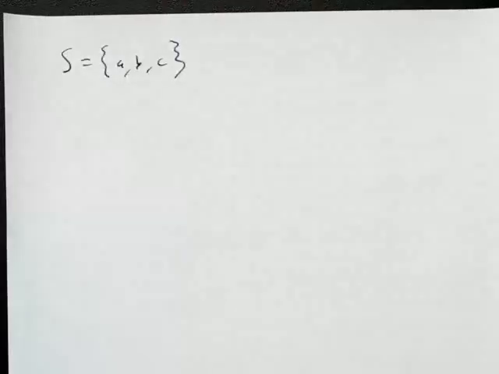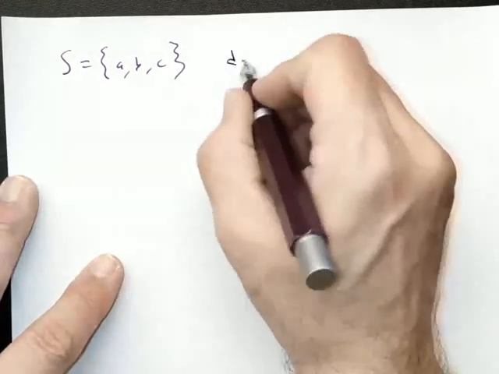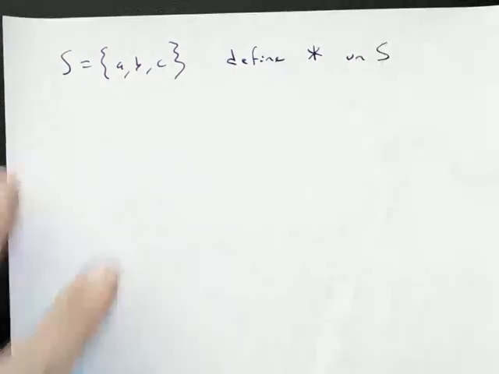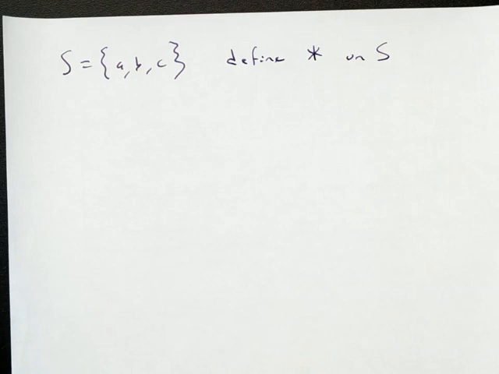And I am going to define an operation star on this set. Now that means I need to know what happens if you take anything in S and star it with anything in S, right? How many options are there?